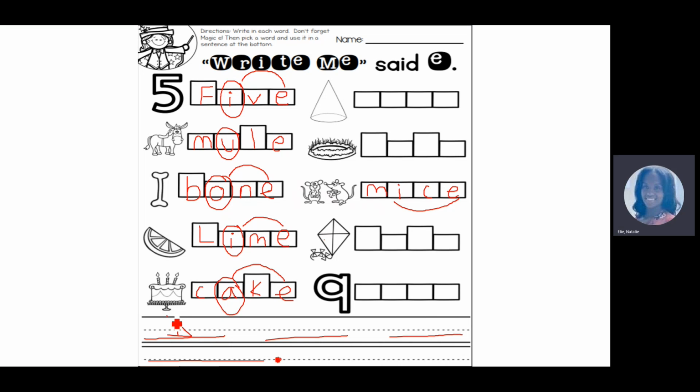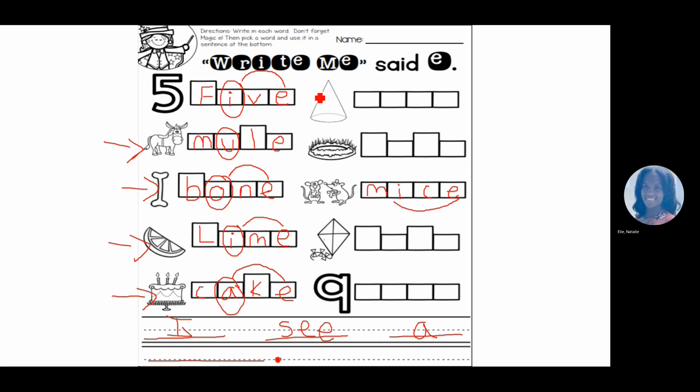I see a, and you fill in the last word. A cake, a lime, a bone, a mule, a cone, a hole, a kite.